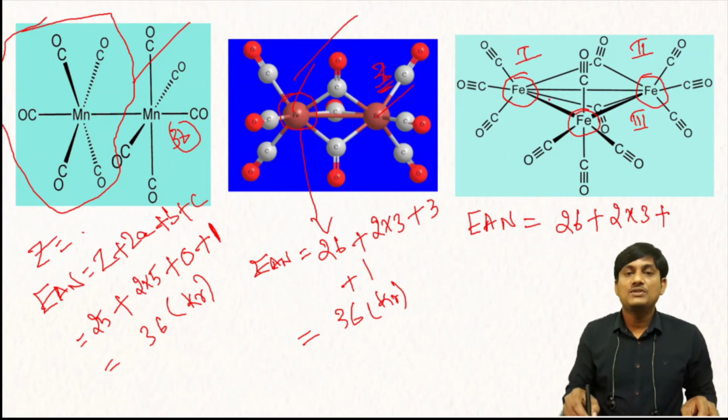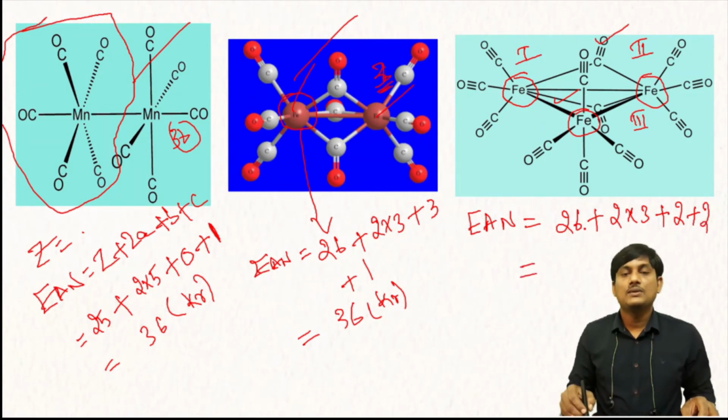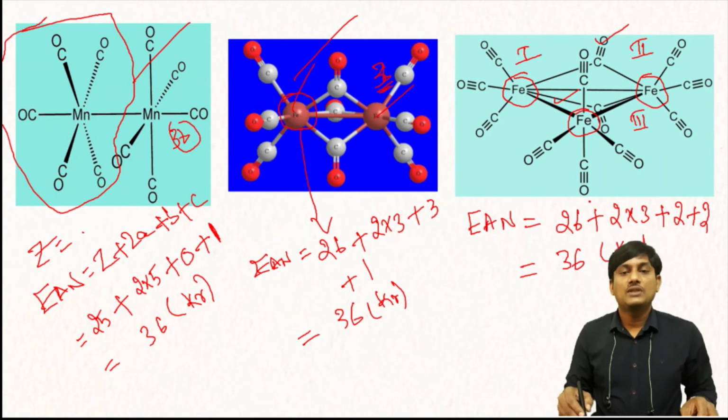How many bridge ligands are there? This one is one bridge ligand, this one is another bridge ligand. You have 2 bridge ligands. And how many metal-metal bonds are there? 2 metal-metal bonds are there, 1-2 and 1-3. So it will be 2. So how much will you get? 26 plus 6 plus 2 plus 2. Obviously this one is 36. So this is the atomic number of krypton. 1 and 2 are equivalent.